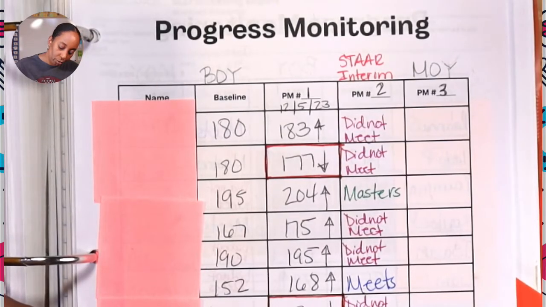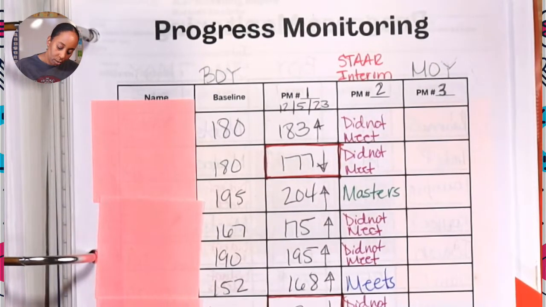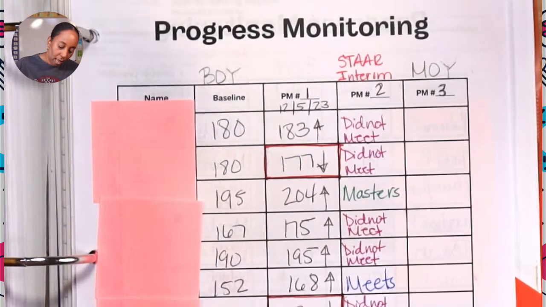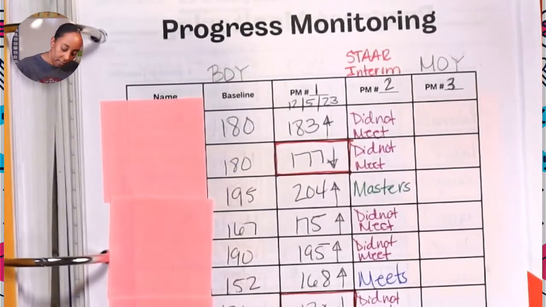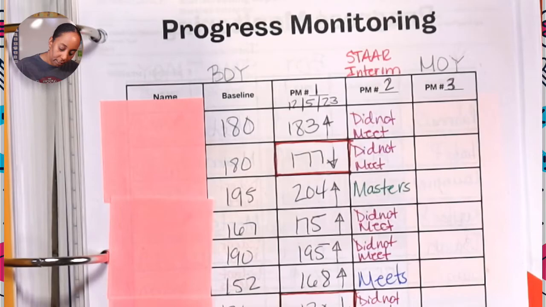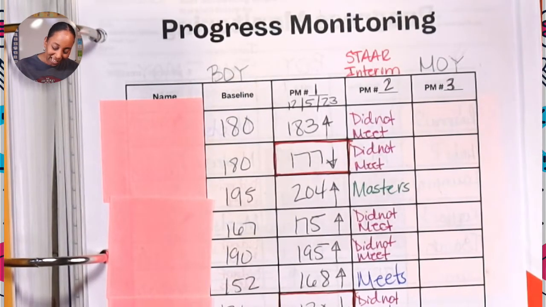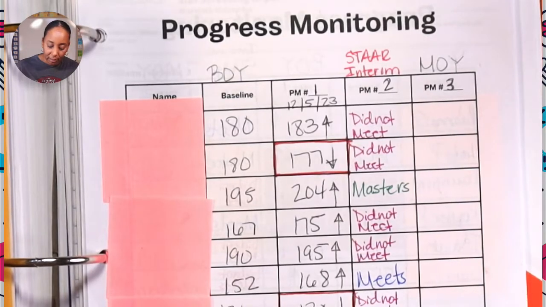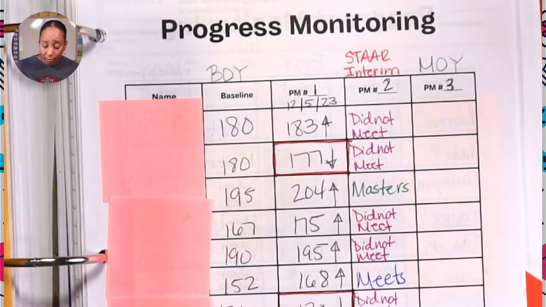I'm going to show you. It was a lot better than MAP data. MAP is just skills, and it just doesn't give me what I need for my students.